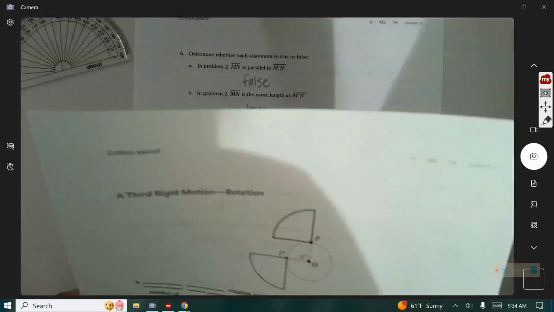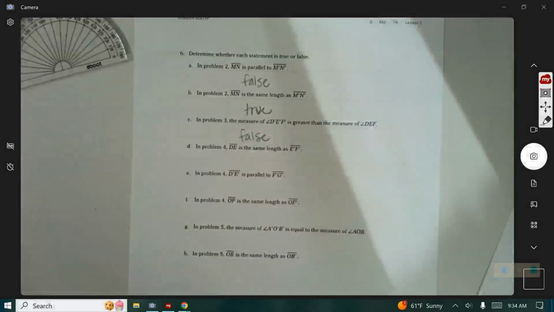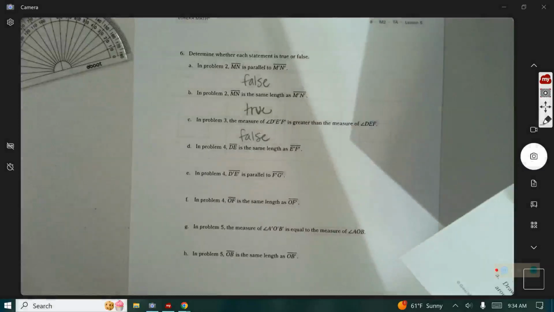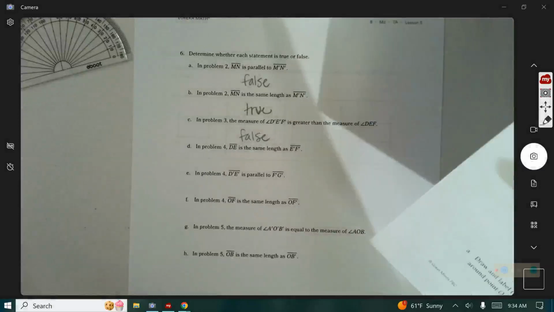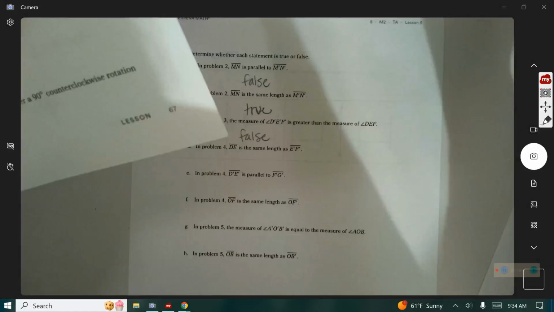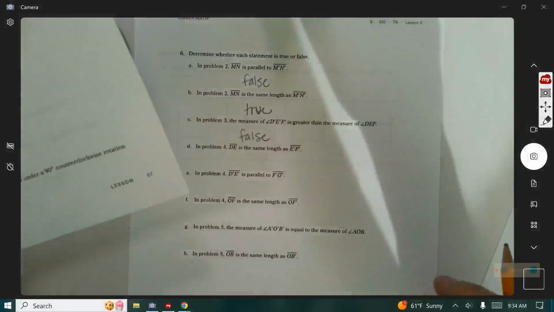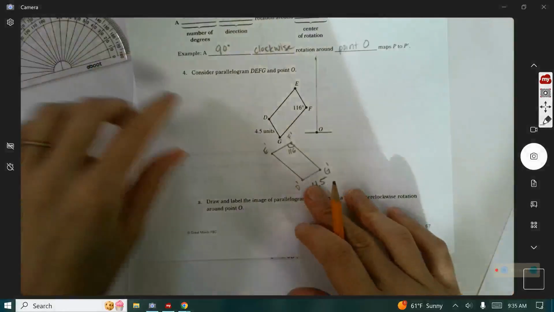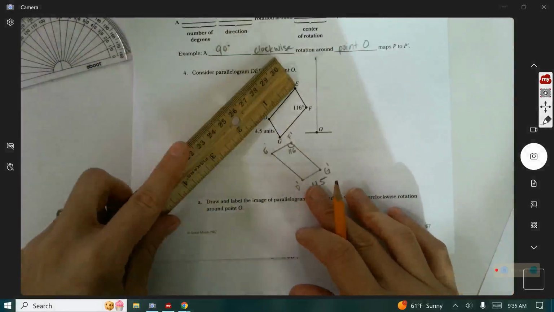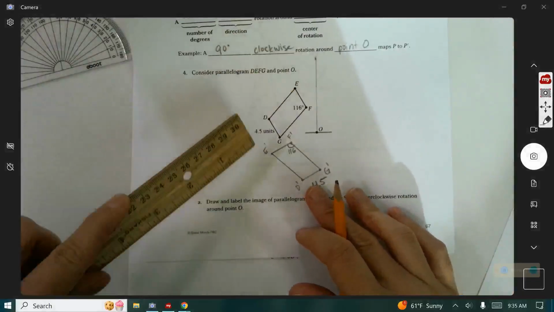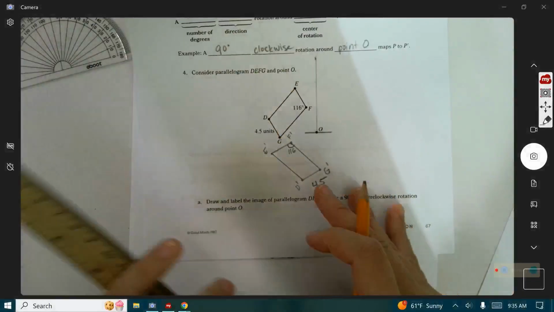In problem 4, DE is the same length as E prime F prime. Well, DE is this one here, and E prime F prime is this one here.